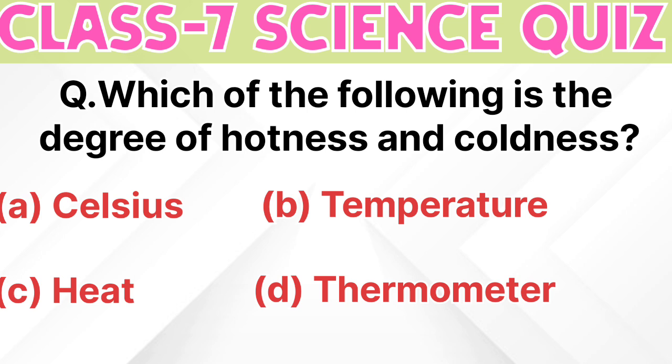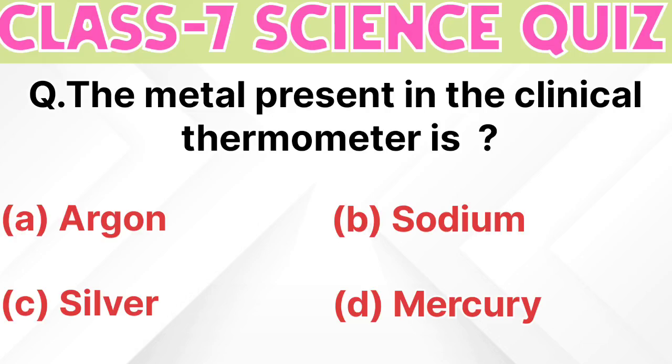Celsius, temperature, heat, thermometer. The correct answer is B, temperature. Now the next is, the metal present in the clinical thermometer is argon, sodium, silver, mercury. The correct answer is D, mercury.